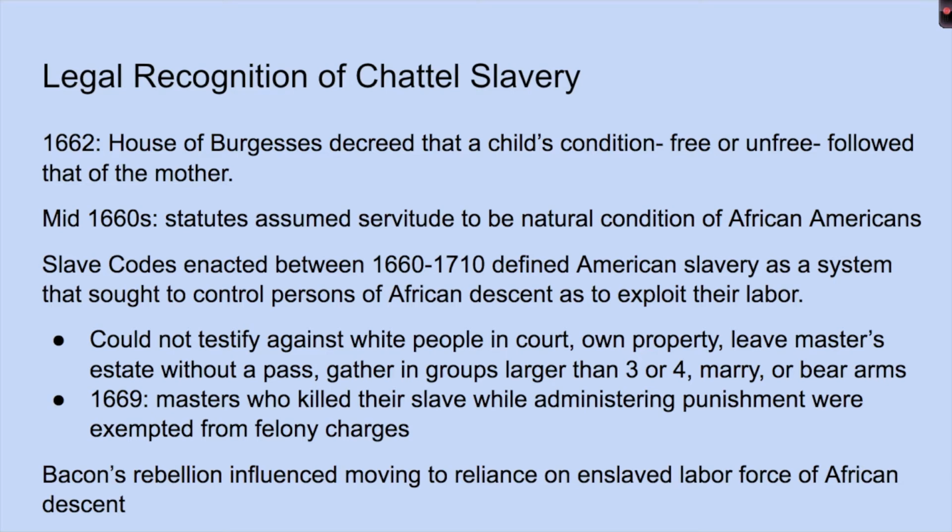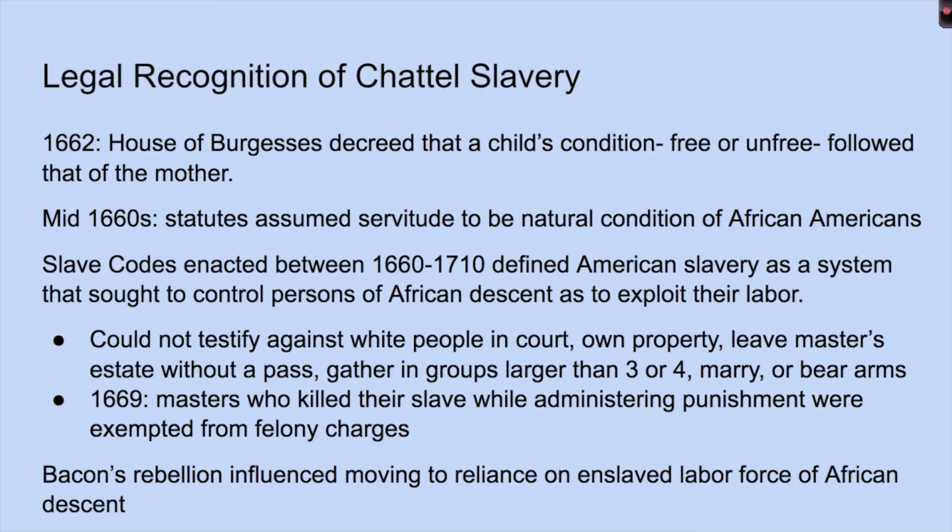We will see in the mid 1660s the assumption that servitude is the natural condition of African Americans. During this time we start to see what are called the slave codes that are enacted. These are put in place to define American slavery as a system that sought to control people of African descent so that they could exploit their labor.